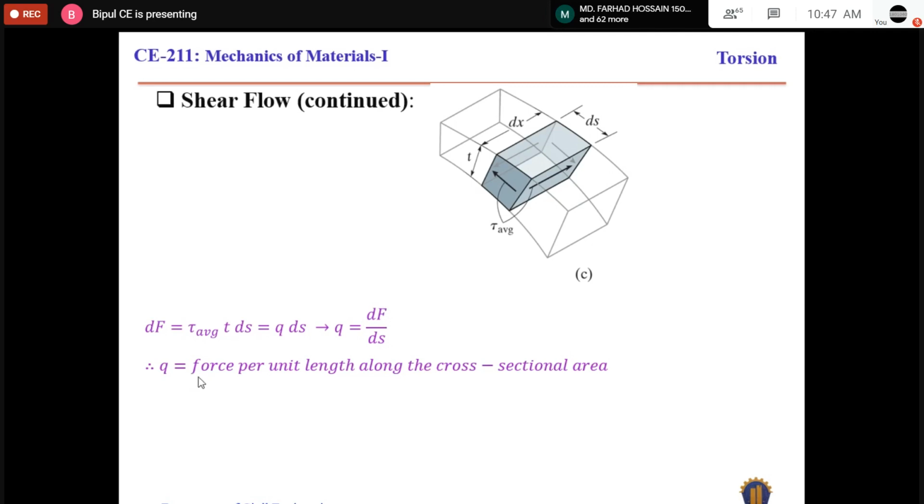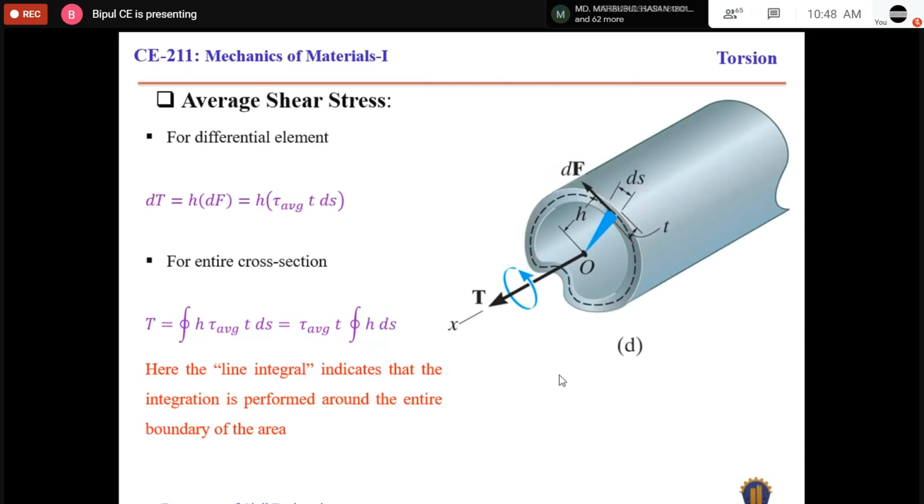That is shear flow, that means force per unit length along the cross-sectional perimeter. And now we will derive an expression to calculate the average shear stress. Now, say again, this is the cross section of the tube.